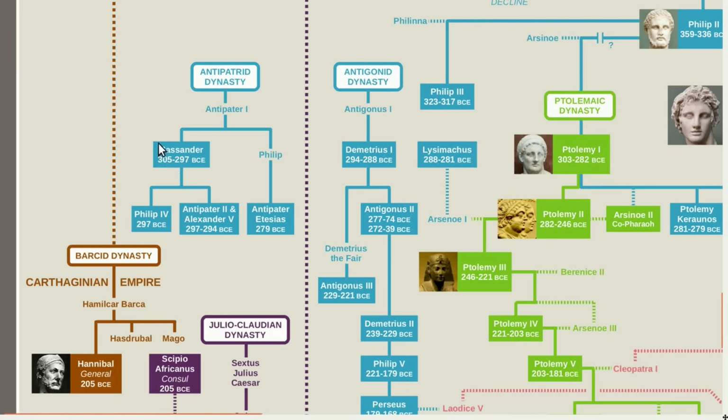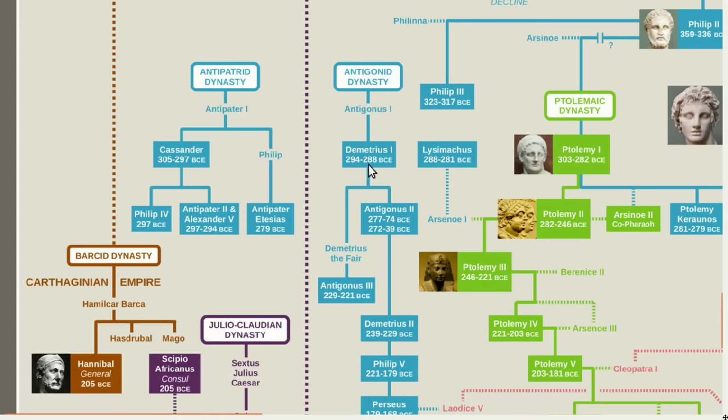When Cassander died, he was followed by his son Philip IV, but then Philip IV died of natural causes and was replaced by his two younger brothers, Antipater II and Alexander V. They fought over who should be the sole king, which eventually led Demetrius I to come over and settle things by taking the throne for himself.